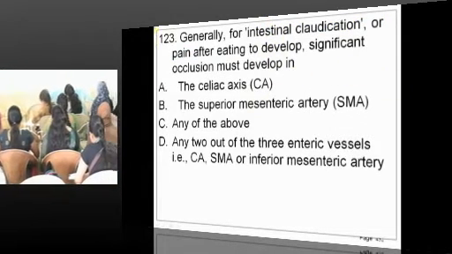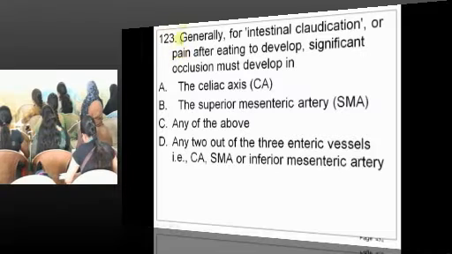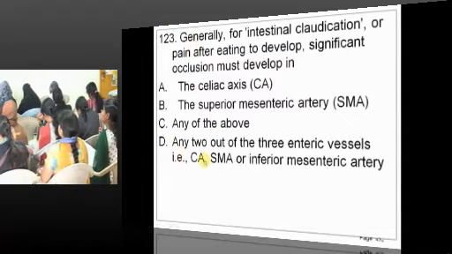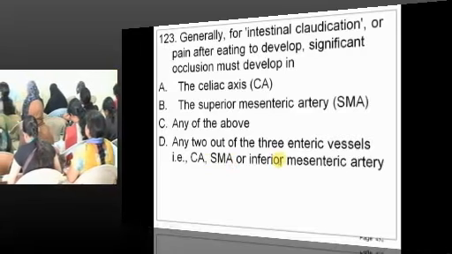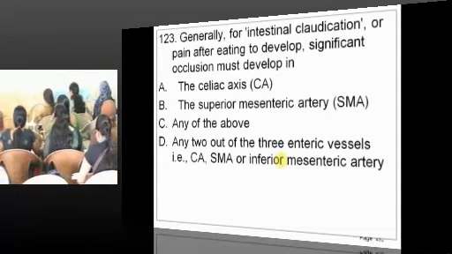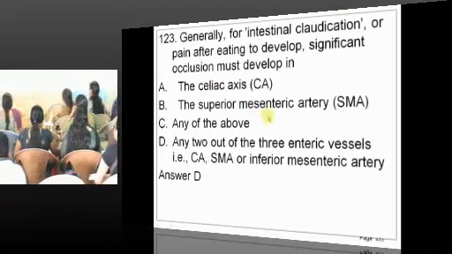Intestinal claudication: pain in the abdomen on eating, why does it happen? Celiac artery, SMA or inferior mesenteric artery, anything that supplies the intestine, atherosclerosis can involve and that can lead to development of intestinal claudication.